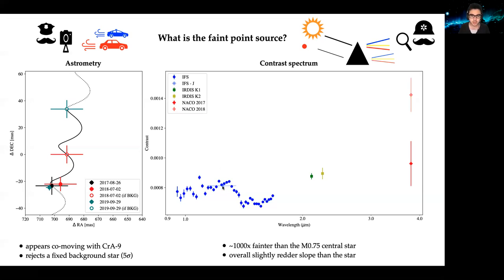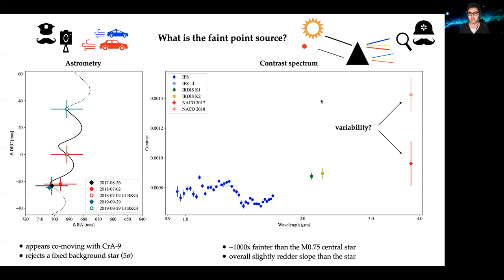You can see it is redder because the contrast is deeper at shorter wavelengths than at longer wavelengths. We can also see from this plot that the 2 measurements we obtained at 3.8 micrometers are discrepant. The two measurements were obtained in 2017 and 2018. This may suggest some variability from either the star and/or the point source. If it is from the star, it wouldn't be surprising since it is a T Tauri star.